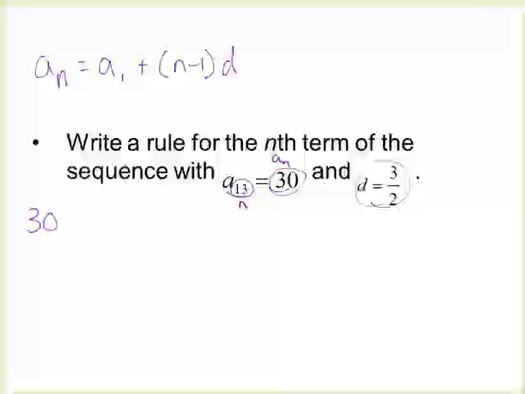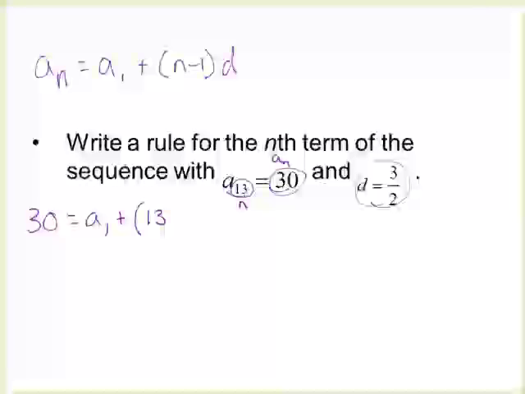So a sub n, some term, is 30. We don't know what a sub 1 is, plus n is 13, because that's the place in line of that 30 that we plugged in.